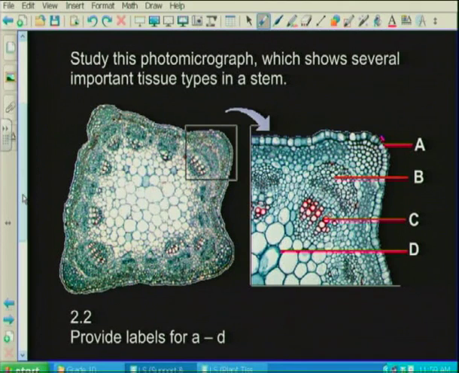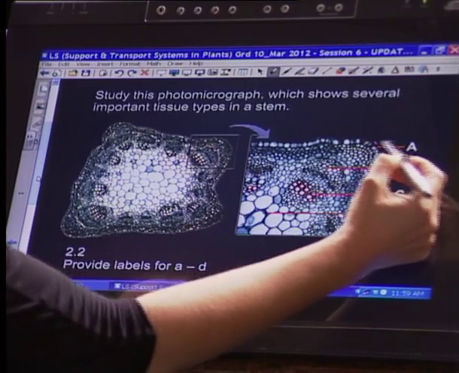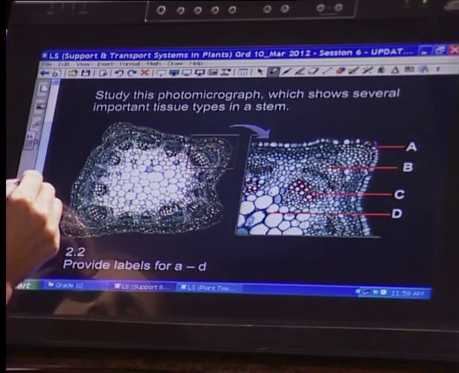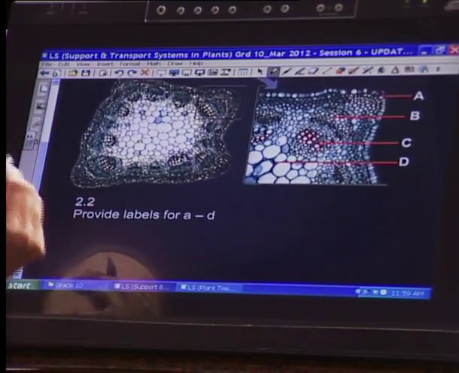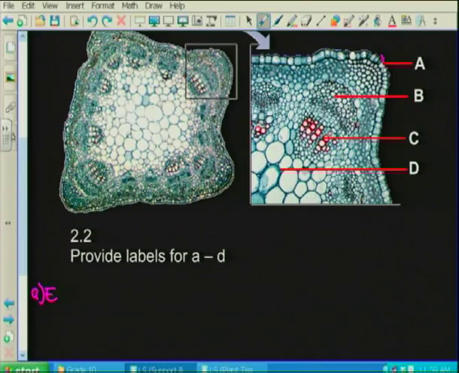Now let's move on to question 2.2, where you use the same photomicrograph and you now have to provide labels for A to D. So A there is right on the end, the right outer layer of cells of your stem. So A would be your epidermis.